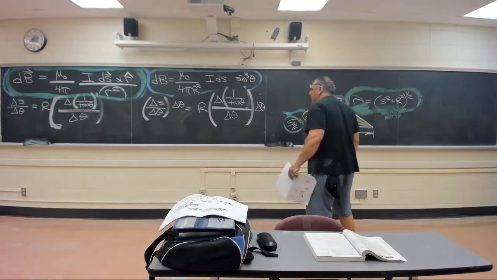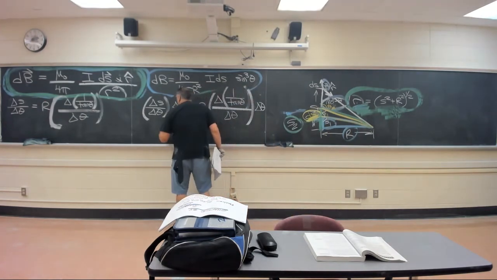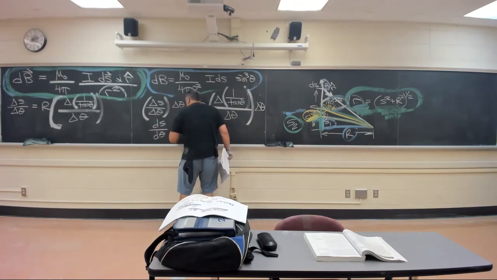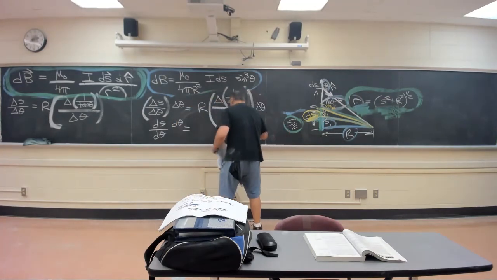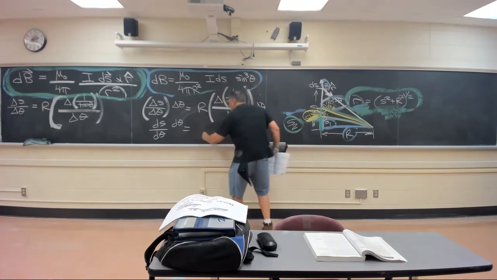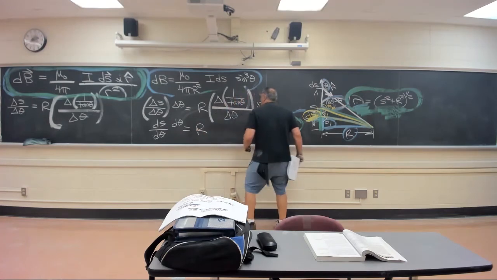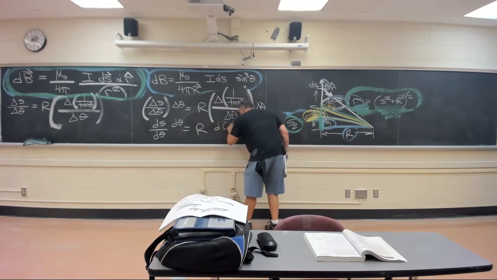Well, what's going on here is, in the limit, as delta theta gets smaller and smaller, you've got ds d theta times d theta equals r, as d theta goes towards 0. This is delta 1 over tan theta over delta theta, which is really d 1 over tan theta, which is its own adventure.